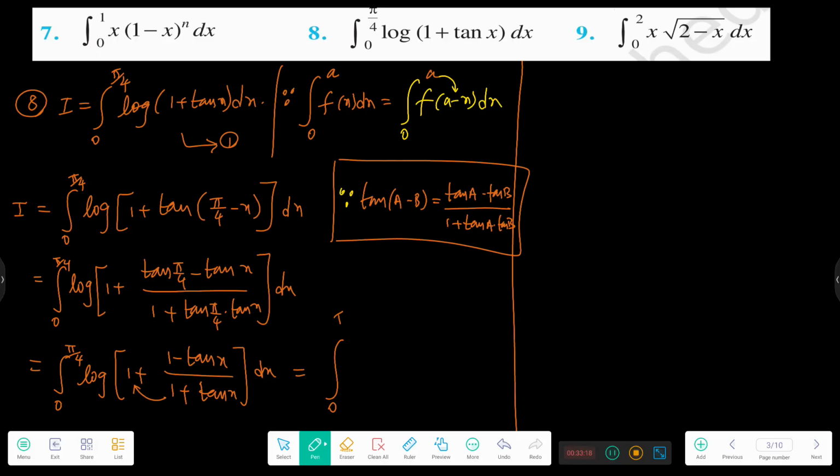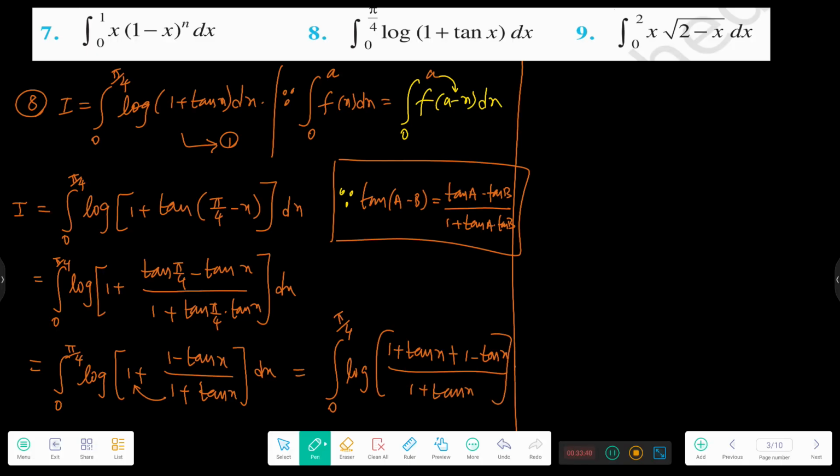Integral 0 to pi by 4, one step I will do in the same page. Log of, when I take cross multiply, 1 plus tan x, I am getting plus, already 1 minus tan x we have in the numerator. That's fine. Divided by 1 plus tan x.